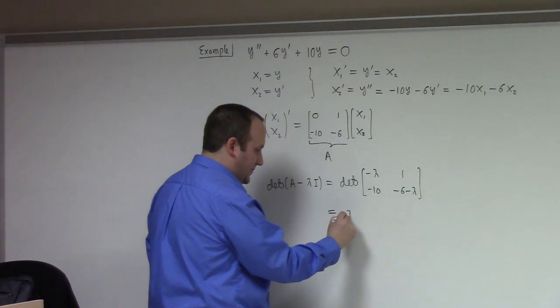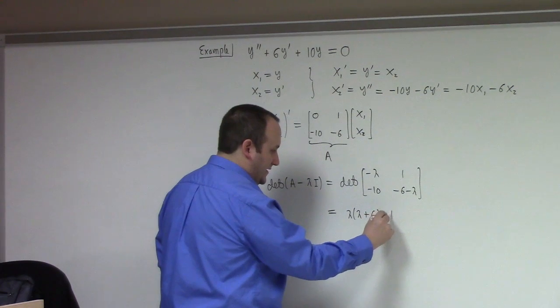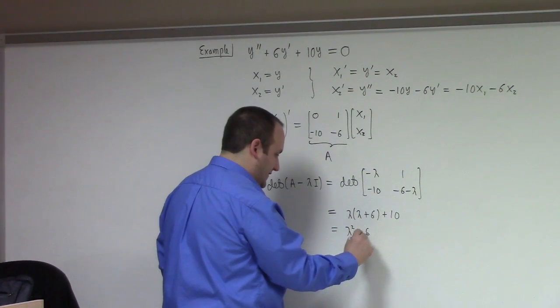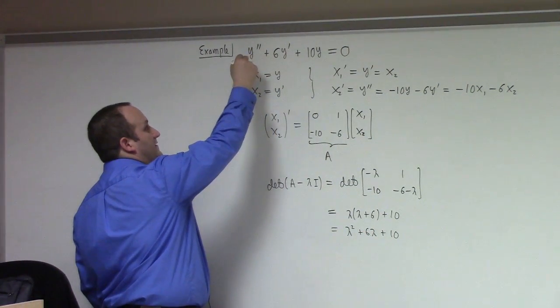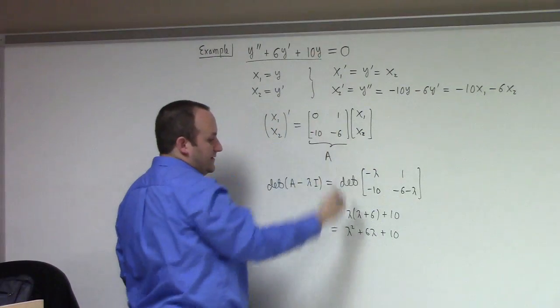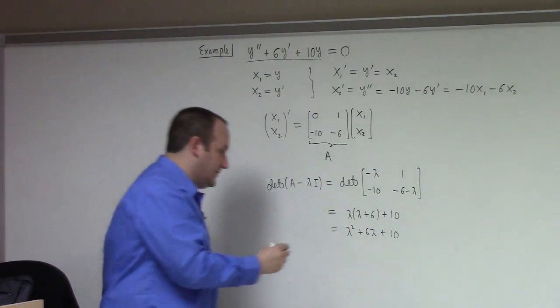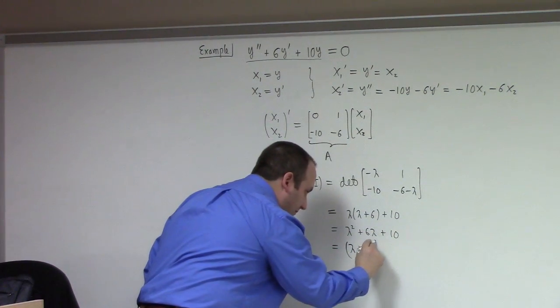Indeed, this is lambda times (lambda plus 6) plus 10, aka lambda squared plus 6 lambda plus 10. Totally unsurprising if you're in differential equations right now, you recognize that as the auxiliary equation. And then we complete the square: (lambda plus 3) squared plus 1.